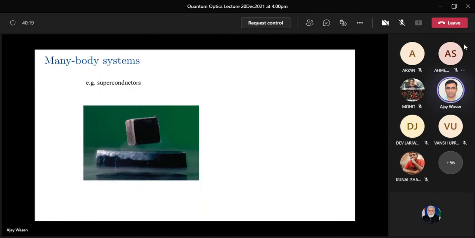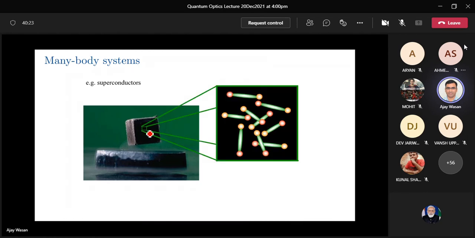Many body systems, like superconductors I'm talking about here. If you look inside, I'm showing a pair of electrons. The intricate quantum motion of electrons gives rise to amazing microscopic behavior that we want to understand. But a normal magnet has a very complex structure.